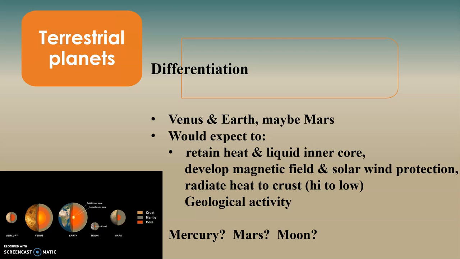So as a result of that, you can expect this hot rock in the mantle to become geologically active. It's going to become magma. It's going to become what can come out as lava on Earth. And while we know that this is the case for Venus and for Earth, we're now beginning to understand that this was the case for Mars as well.